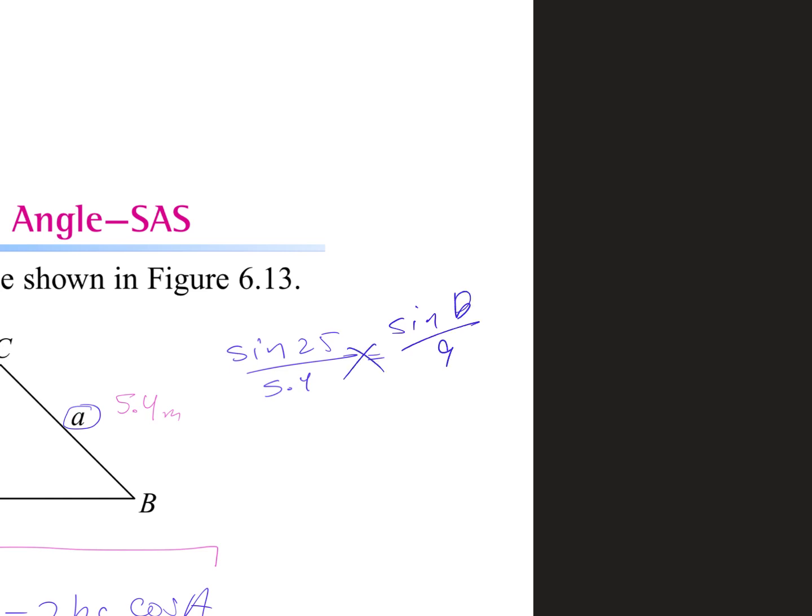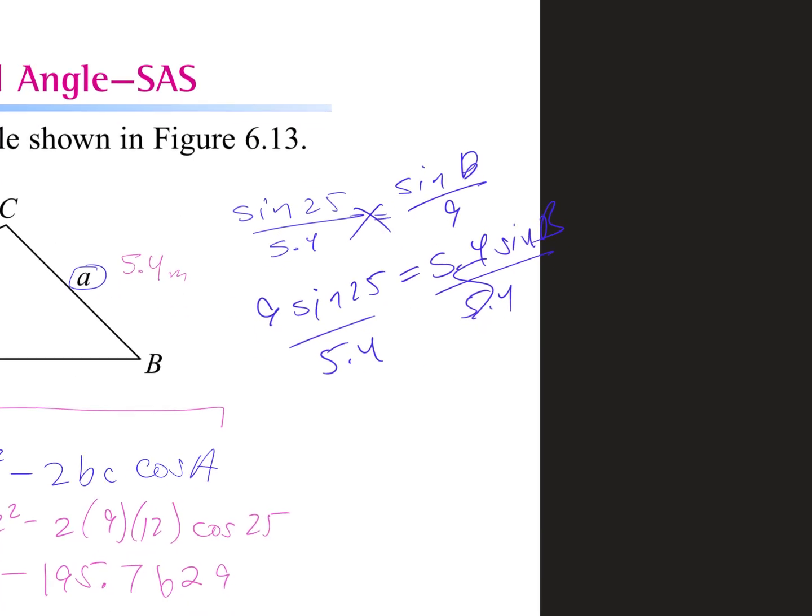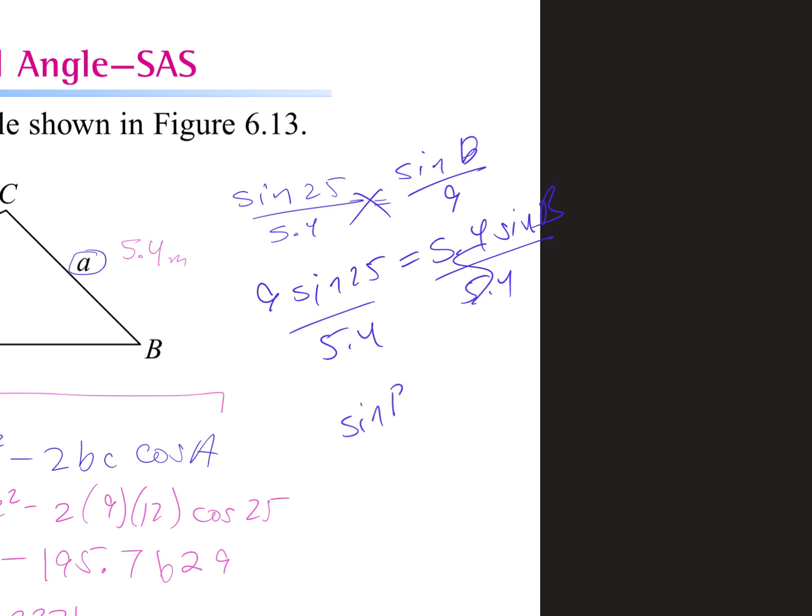So we're going to cross multiply. You have 9 times the sine of 25 equals 5.4 times the sine of B. Divide both sides by 5.4. And the sine of B is what? 0.7044.